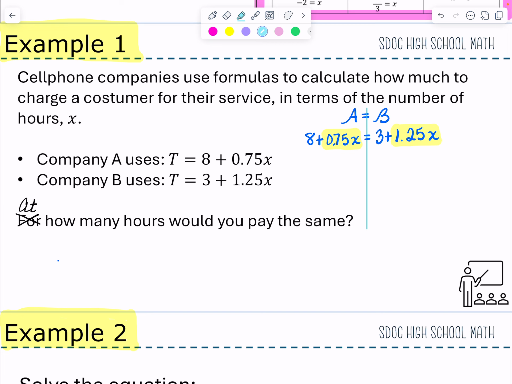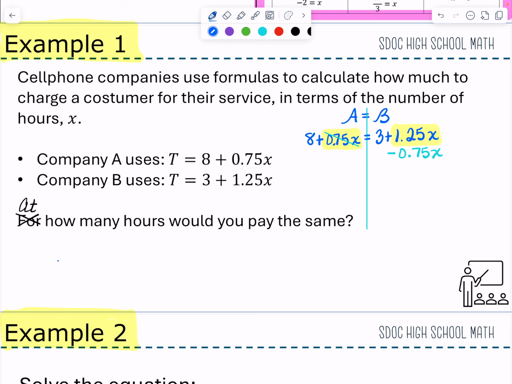That's the one I'm going to move. Now, on the left side, it's a positive 0.75. So I am going to pick that up and move it to the right side. So when I move it from the left side, it goes away. On the right side, it's no longer positive, but it's negative. Okay, take that variable with it.